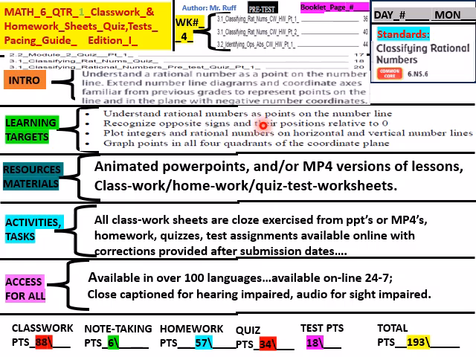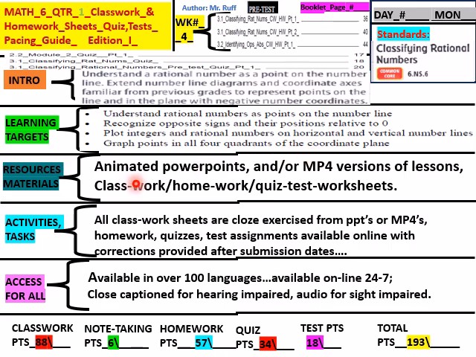Understand rational numbers as points on the number line. Recognize opposite signs and their positions relative to 0. Plot integers and rational numbers on horizontal and vertical number lines, and graph points in all 4 quadrants of the coordinate plane. We'll do all that here.